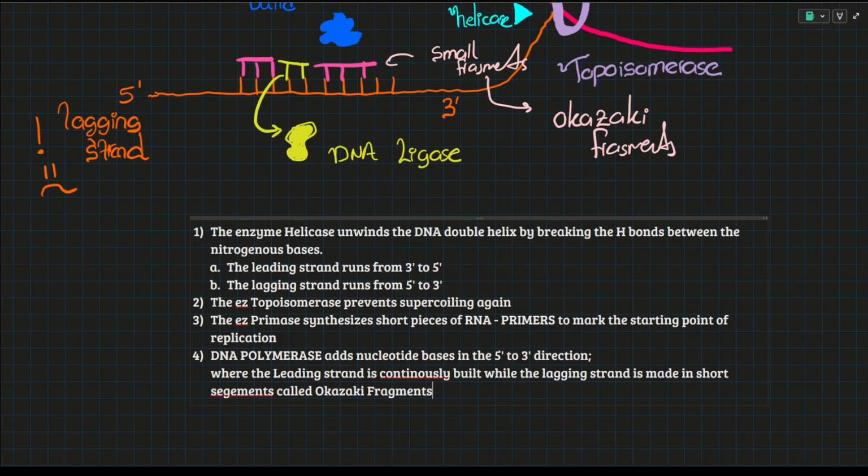Continuously built by condensation reactions between the deoxyribose sugars and the adjacent phosphate groups. The leading strand is built continuously, but the lagging strand is built in these small segments called Okazaki fragments.